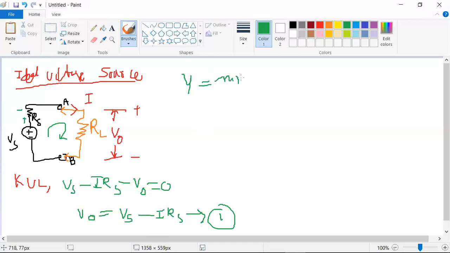Let me write it that way: V naught equals minus Rs times I plus Vs. Comparing the two equations, y is V naught, x is I, m is minus Rs, and c is Vs. If I draw the slope line, the slope m is minus Rs.